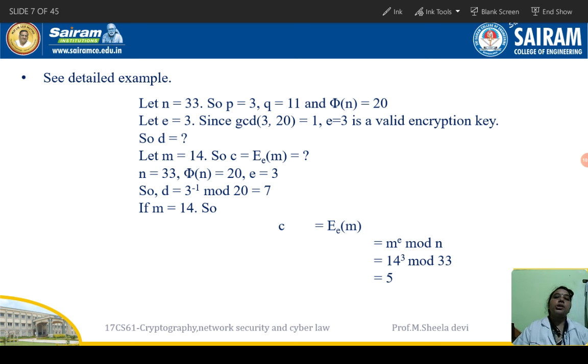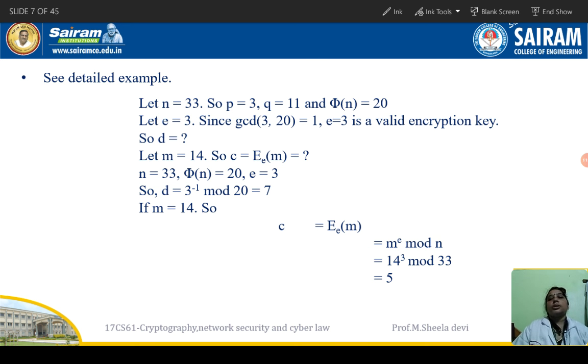The condition is that d should be greater than 1 and less than phi of n. And one more condition: when d is multiplied with e and divided by phi of n, that is 20, you have to get the remainder as 1. When I solve these conditions, I found that the value of d is 7.